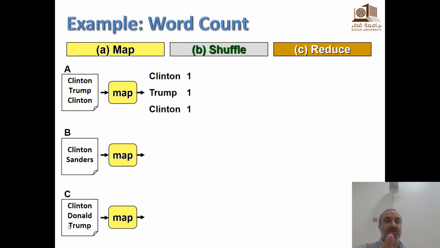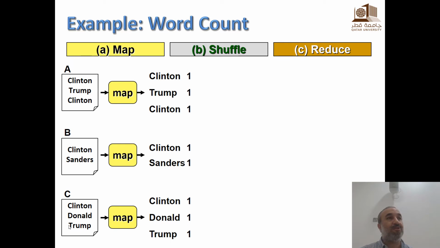The first document will produce Clinton 1, Trump 1, Clinton 1, and here is the same output for the other documents. Now, what will happen in the shuffling? I think with what we discussed earlier, you should know exactly what will be the output of the shuffling phase. We will group by keys.